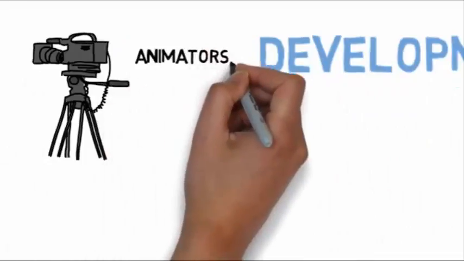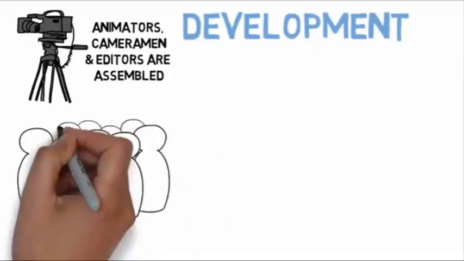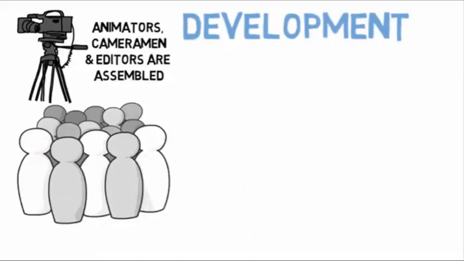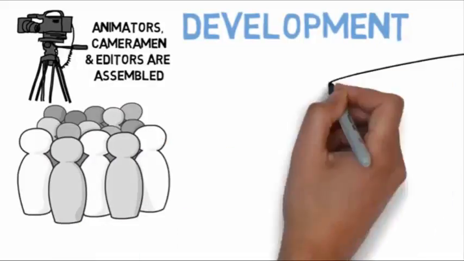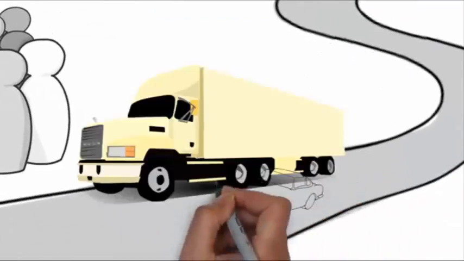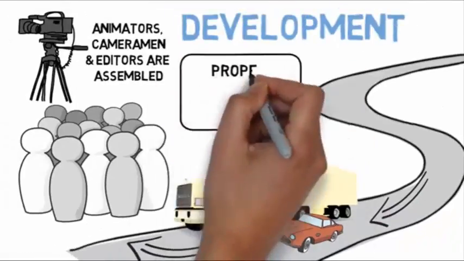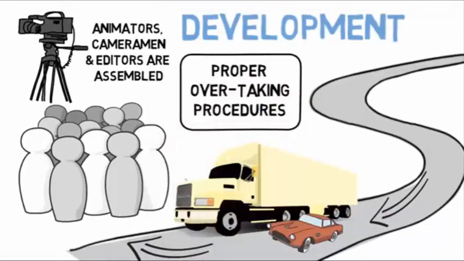The development team of designers, animators, cameramen, editors, writers, and graphic artists are assembled to begin construction of the training material. The animation experts and graphic designers create rich media for the training program. Images and diagrams of the proper overtaking procedures are produced for the pamphlet to complete the set.